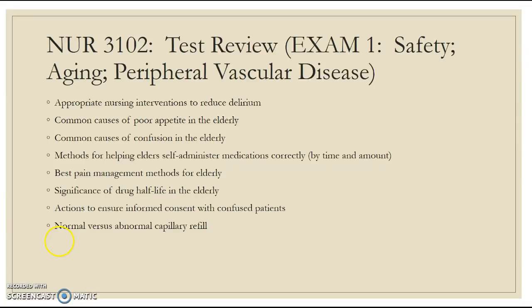Just knowing with pain management for the elderly, they talked a lot about how mostly elderly patients are undermedicated. People tend to think they can't take strong drugs after surgery, for example, or when they have severe fractures or something. And that's just not true. It's just that they may need lower dosages of the strong medication, or they may need to be watched for how well their absorption is.